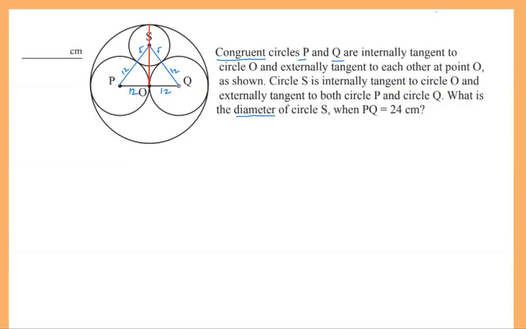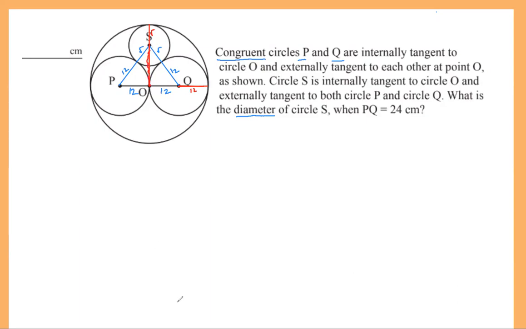So if this is 12, and you extend this, this is also 12, right? So all the way from here to here is also 12, meaning that the radius of the largest circle, O, is 24. So this whole thing is going to be 24. If this piece is R, that means this part right here is 24 minus R.